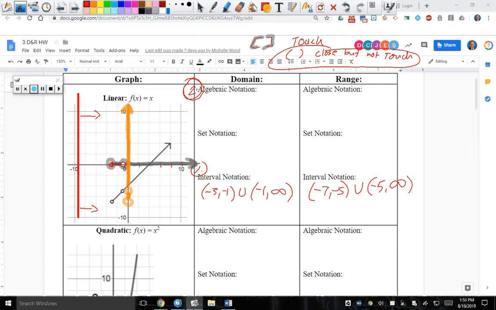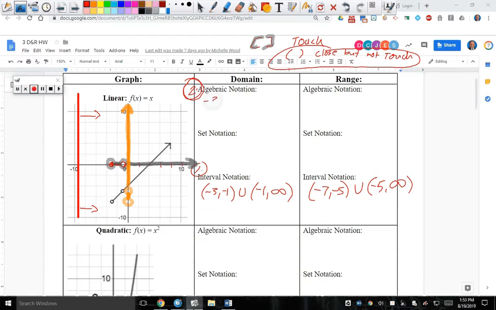Drew, help her out. How would I change -3 to -1? So what am I going to write? It's going to be written in inequality form, right? Okay, so anyone, what is it going to be?